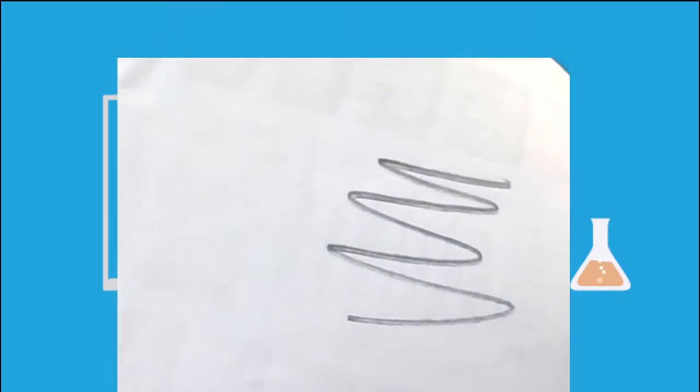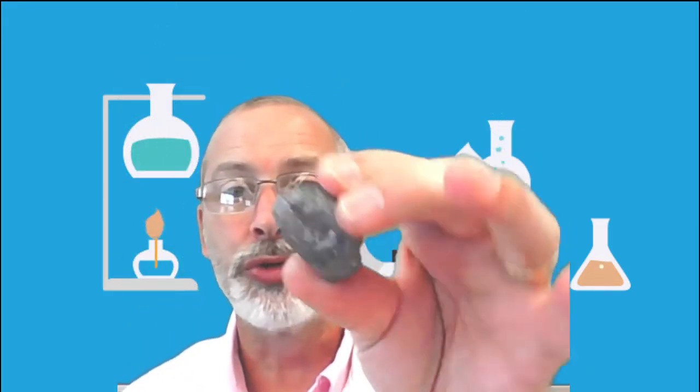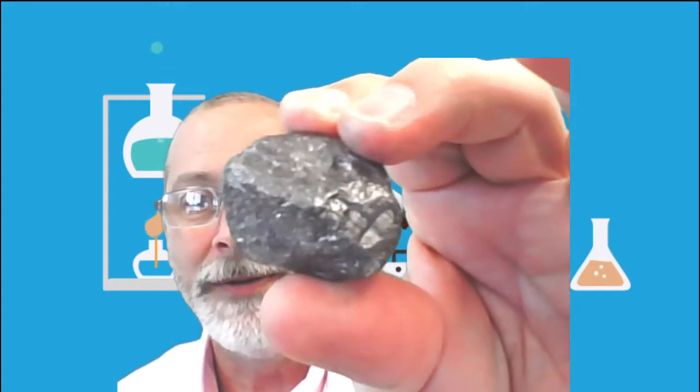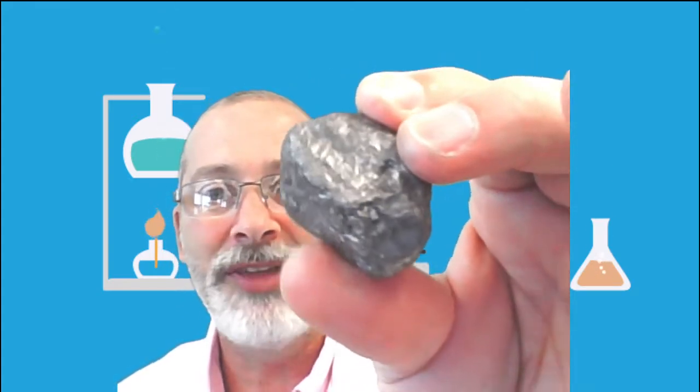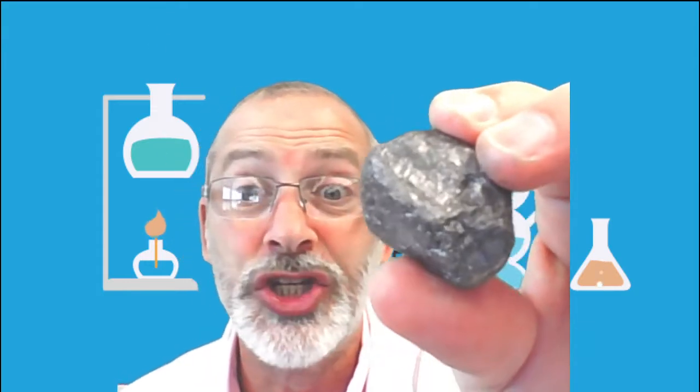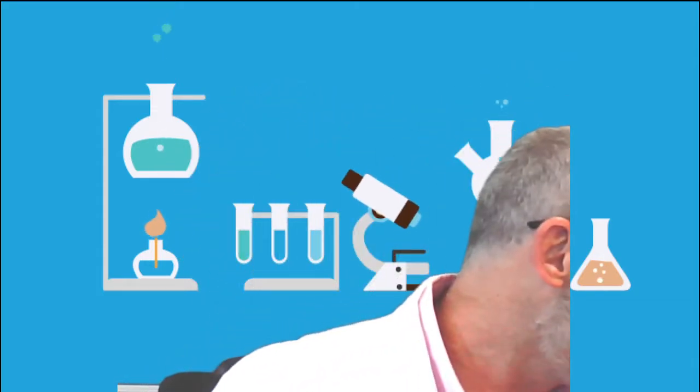Here's a blank piece of paper, and look at the streak of this mineral. That is a huge hint for you. The same streak will appear on a streak plate. Okay? Soft and very distinctive and dark streak. So that was mineral number 2.